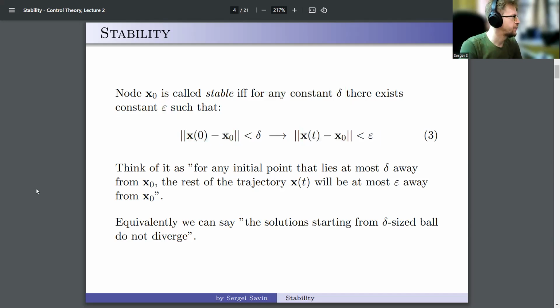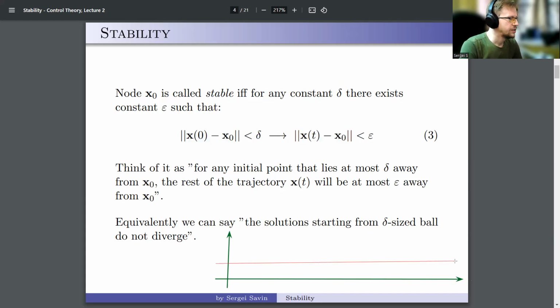That might be better illustrated in a drawing. Drawings are a little bit hard, like how to draw something convincing. But let me try. Let's say your node, I'll draw it in red, is something like this.